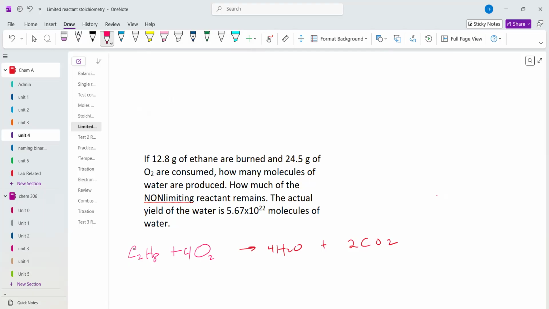So what conversion factor are we going to use for that? She said Avogadro's number? Yes, Avogadro's number. That's right. So the last step is going to be, instead of the molar mass, we're going to use Avogadro's number to get the number of molecules.